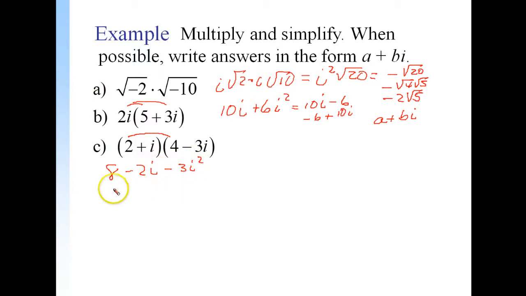A -1. So this is going to become 8 minus 2i plus 3. Because this is a -1. A -3 times -1 is a positive 3. And here we have like terms. So 8 and 3 is 11 minus 2i. That now is in standard form, a plus bi.